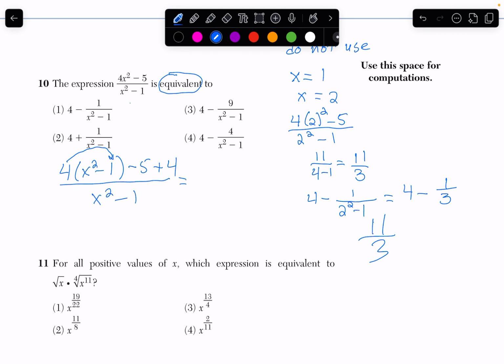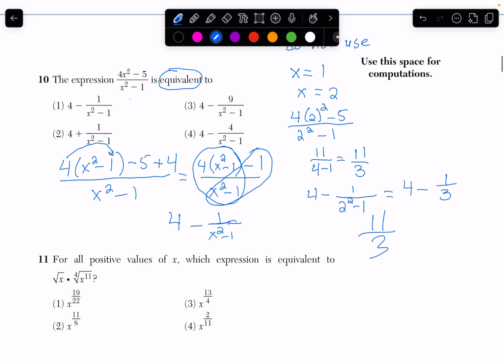Okay, so this becomes 4 times x squared minus 1 over x squared minus 1. Okay, and then again, you could do this distributive property. If you do that, you end up with 4 minus 1 over x squared minus 1. That's the way algebraically you would do it, but I think we'd all agree that just because we have that word equivalent, we could do it that way.